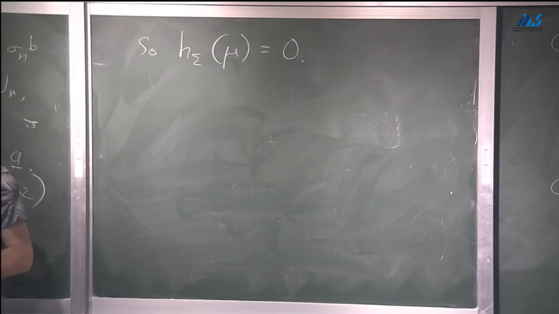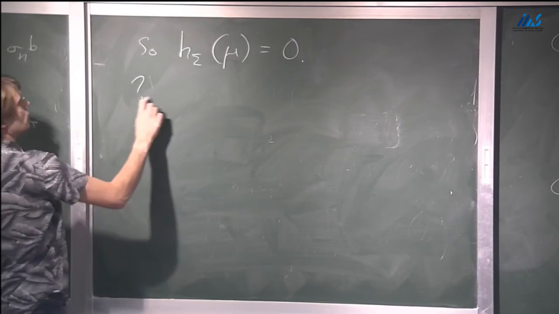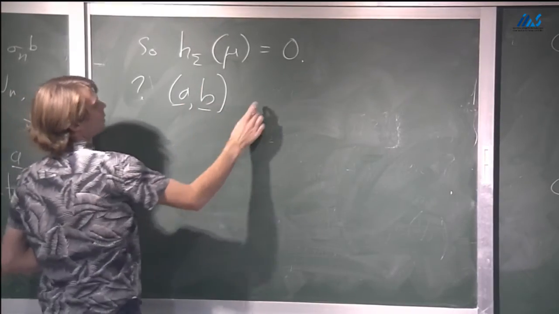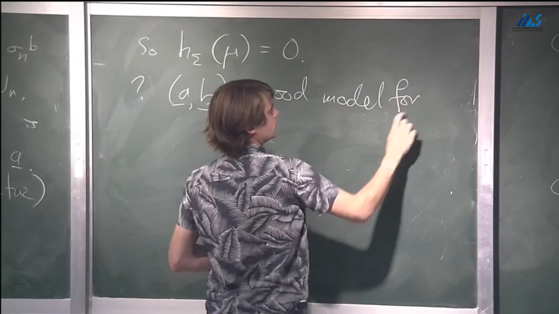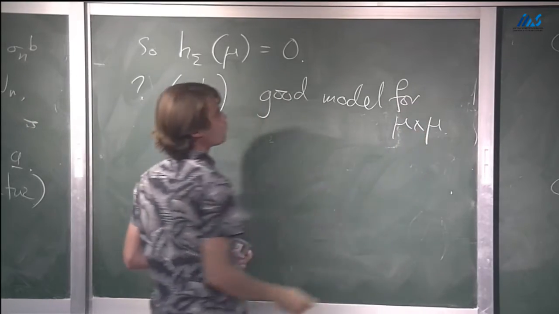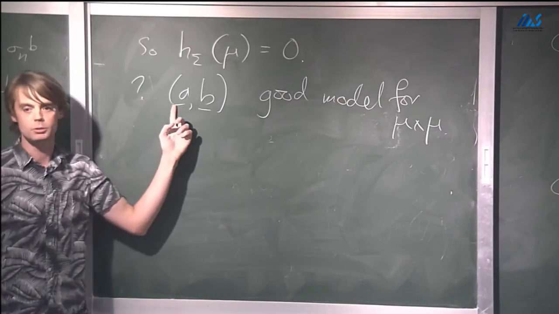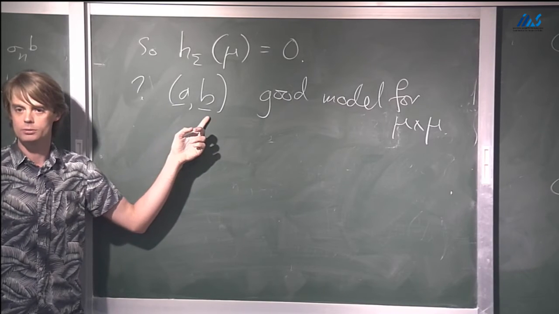Okay. But now what would it mean to have a good model for mu times mu? Well, that should mean that A is a good model for mu, and B is a good model for mu.